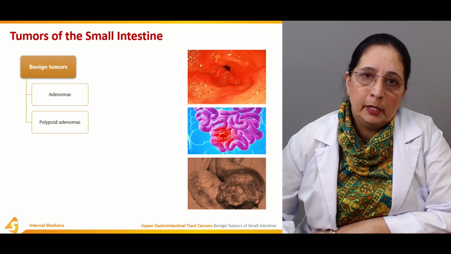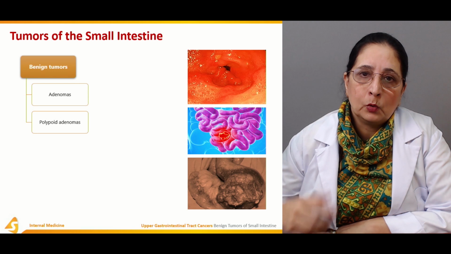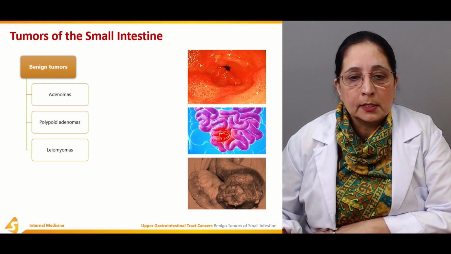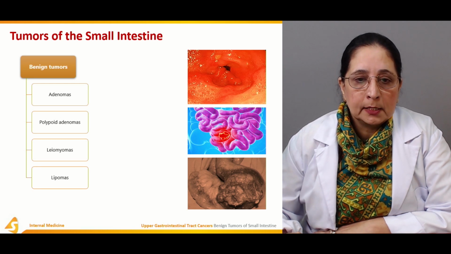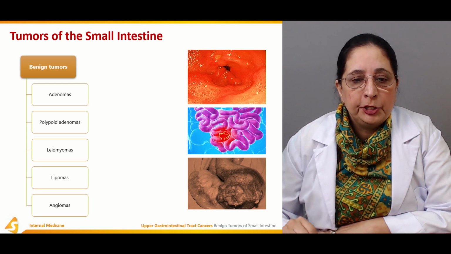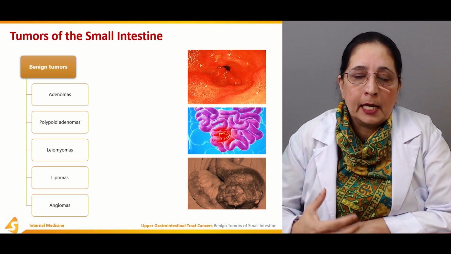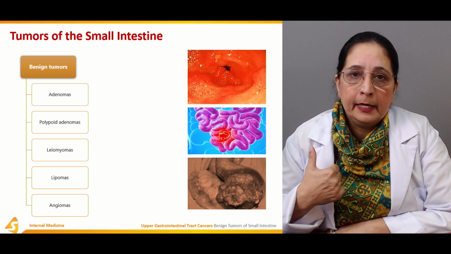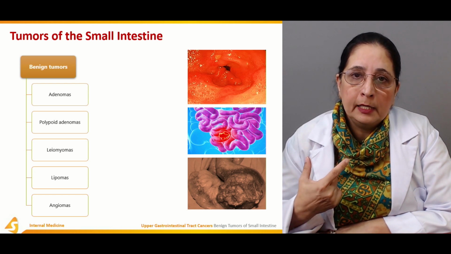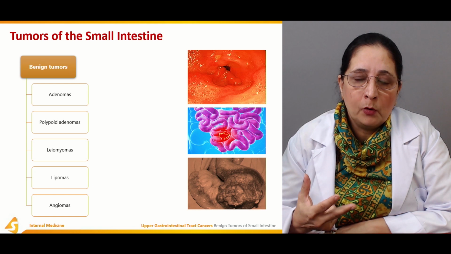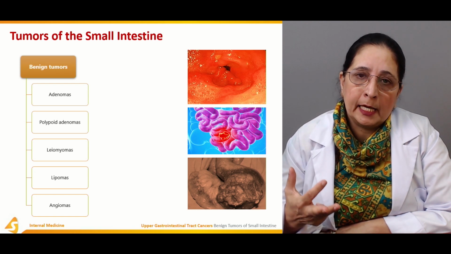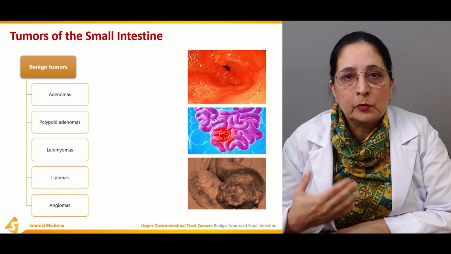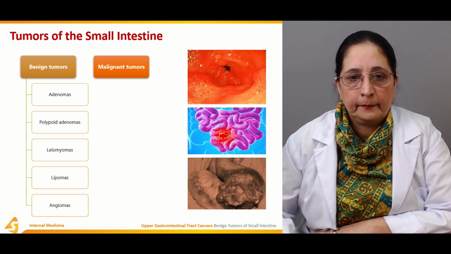Adenomas can be polypoid adenomas, which look like polyps, leiomyomas, lipomas, and angiomas. These are the five different types of benign tumors of the small intestine.